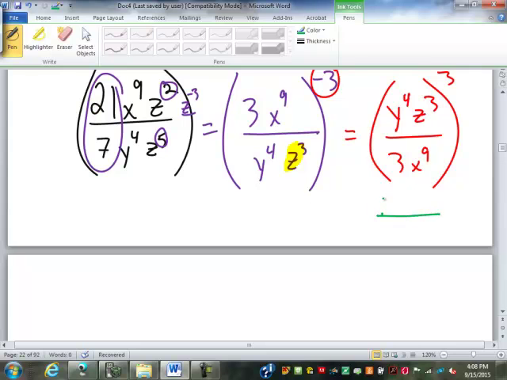Okay, so y to the 12th, z to the 9th over 3 to the 3rd power becomes 27. 3 times 3 times 3. x to the 27th. So y to the 12th, z to the 9th over 27x to the 27th. That one's a mouthful.